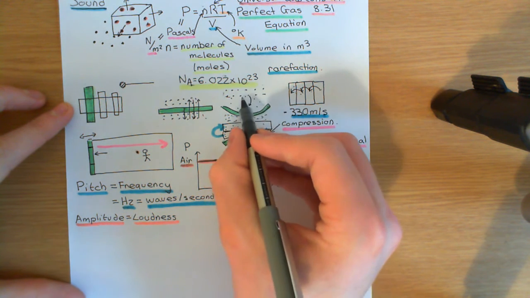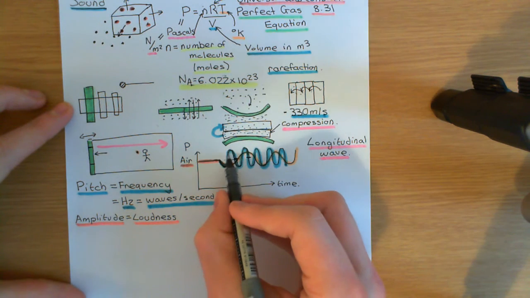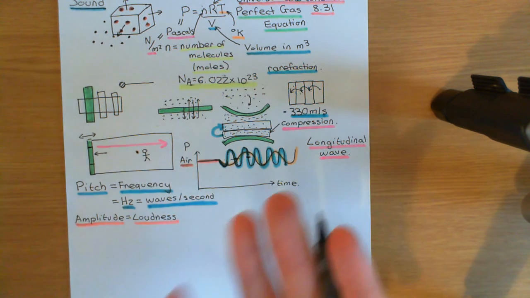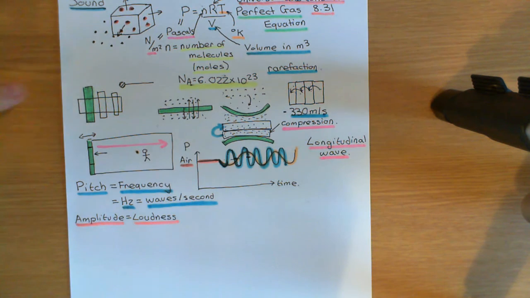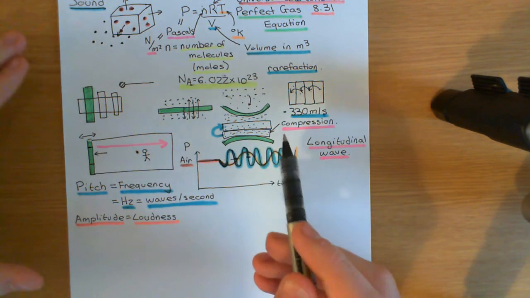And that means that the size of the compressions and rarefactions will be bigger, and therefore the alteration in the pressure at areas will be bigger. So that is what amplitude is all about. It's about how hard you hit the xylophone bar. If you hit it very weakly, so you just tap it, then the actual size of the oscillation will be much smaller, and therefore you'll get much smaller compressions and rarefactions.